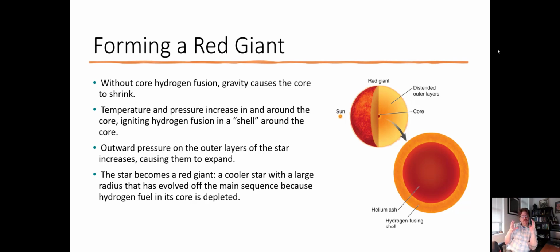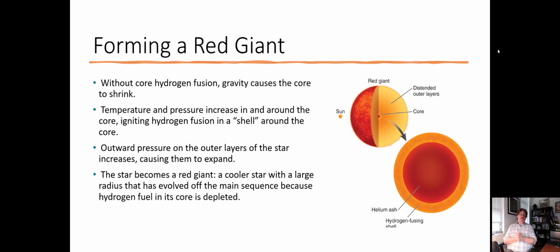As that material from around the core shrinks down, it heats up, and eventually it's going to get to 10 million degrees, the magic number, and it's going to create a hydrogen fusing shell over an inert core of helium ash. As it happens, the amount of energy generated in this shell is actually larger than the amount of energy generated in the core.